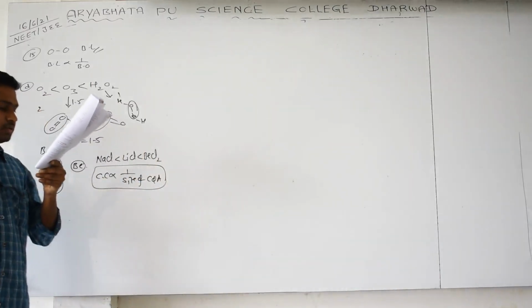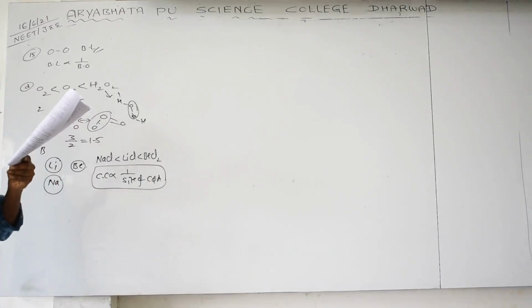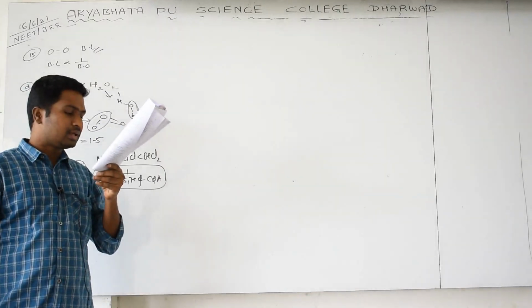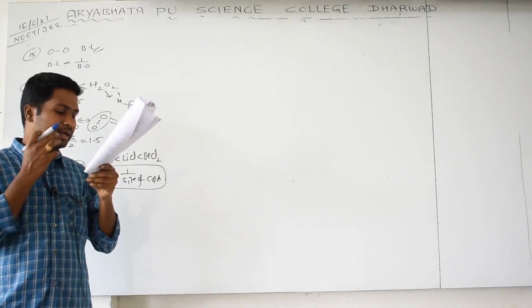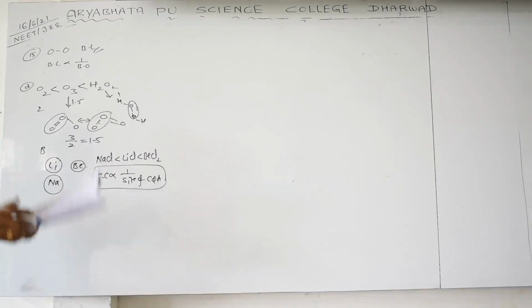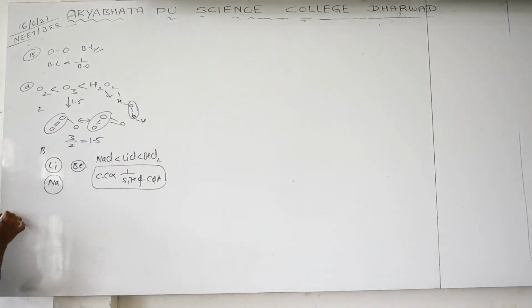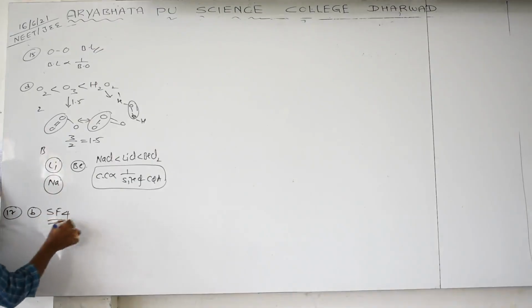Yes. Go for next. Which of the following would have a permanent dipole moment? Always having a dipole moment is what is asked. You check it, second option, question number 17. Second option, SF4. Why?